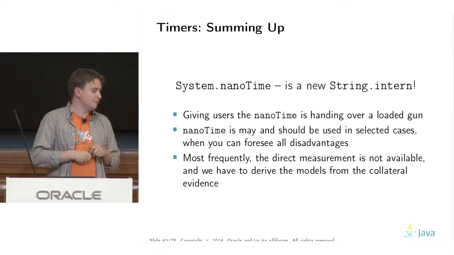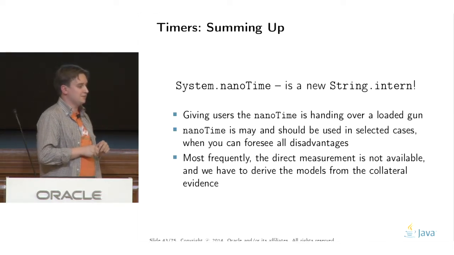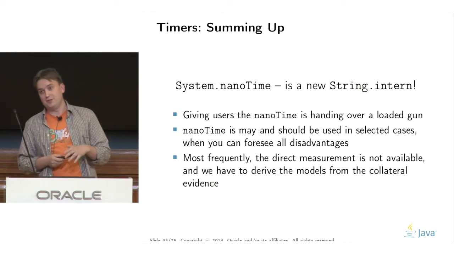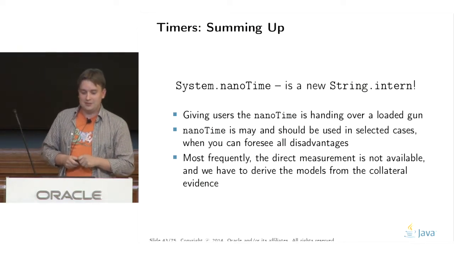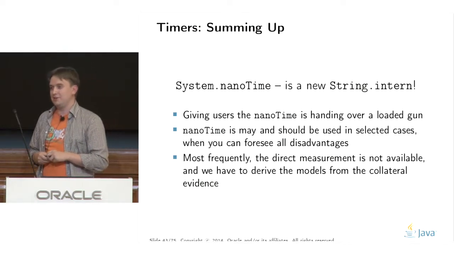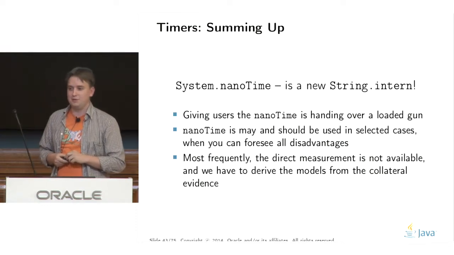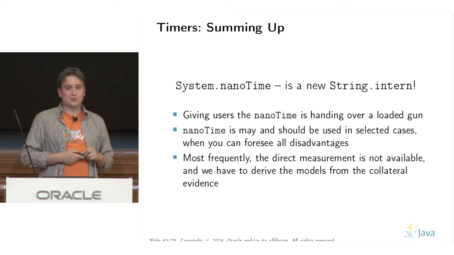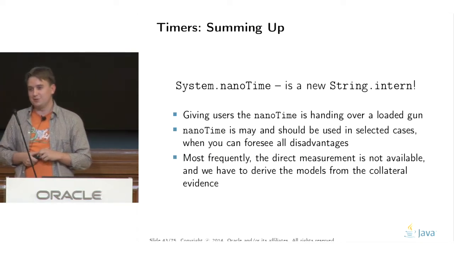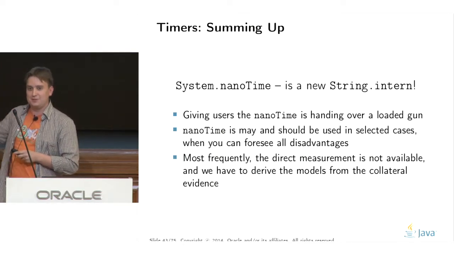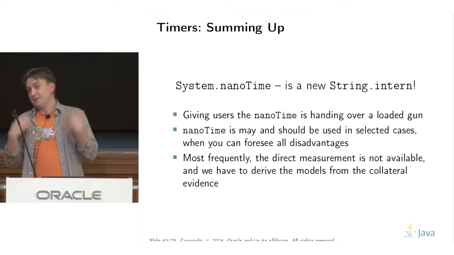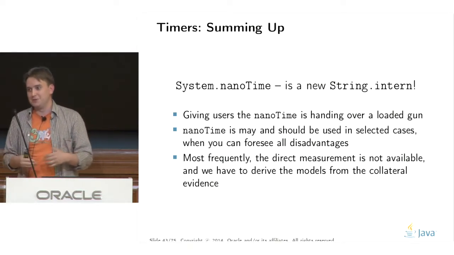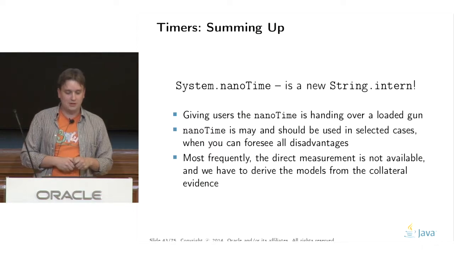All right, so the point here is that system nanotime is the new string intern, as far as I'm concerned. So giving the users the unlimited access to nanotime is like giving them the loaded gun. It may and should be used in the selected cases when you realize all the disadvantages like this. If you, for instance, maintain the benchmarking framework or some performance management solution there.